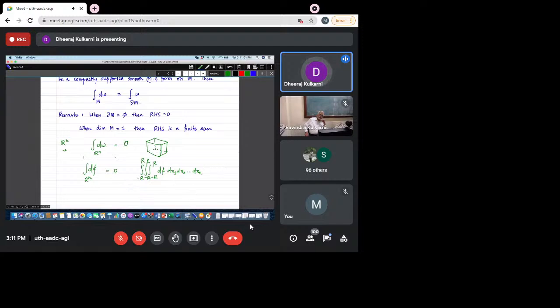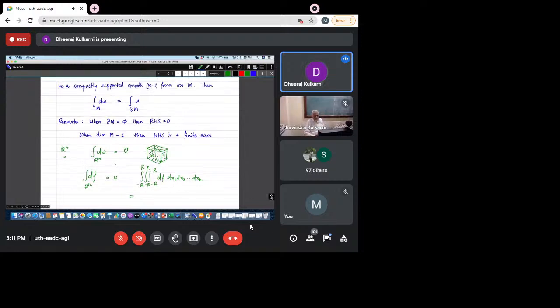You can show that after integrating it out, applying the fundamental theorem of calculus for every variable, you just have to look at the values of the function on the sides of this cube. Take their differences as you integrate with respect to the variables, one at a time.